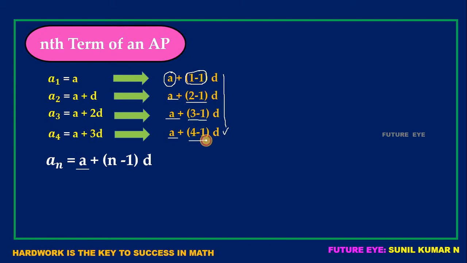In the fourth term, we subtracted 1 from 4. In the nth term, you have to subtract 1 from n, and d will be as it is. In this way, we have got this formula, and this formula is very, very important. So learn well and see how to read this. An is equal to a plus n minus 1 into d.